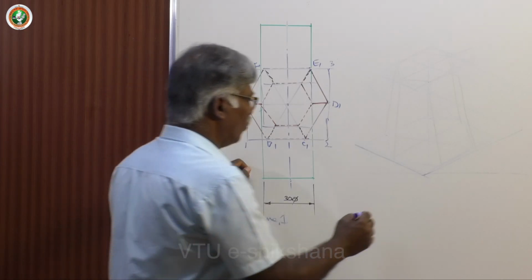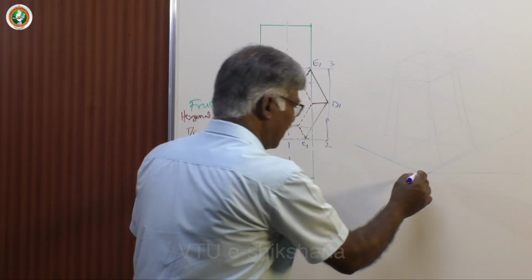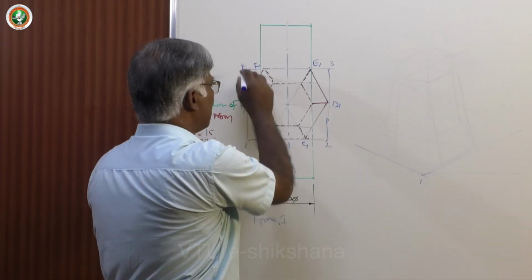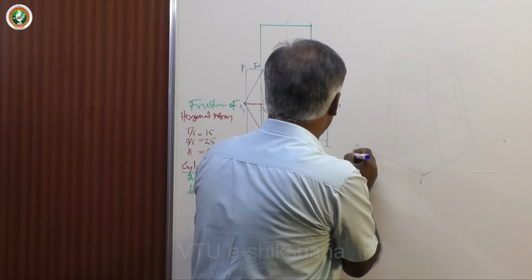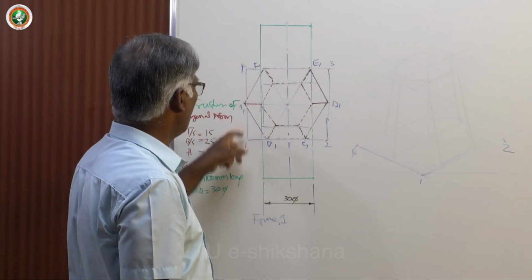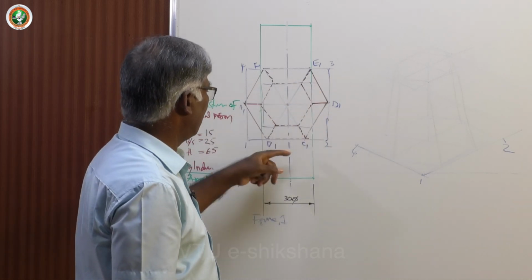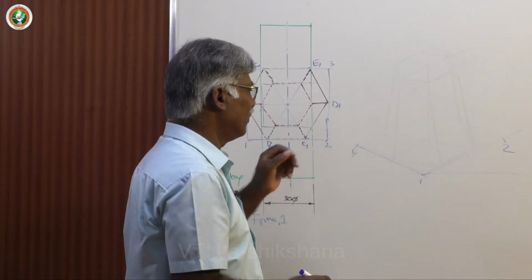I am interested in 1 to be the starting point. 1, 2 is going to house 2 points. 1, 4 is going to house 1 point. Similarly, 2, 3 is 1 point, and just parallel to 1, 2 is 4, 3, that is going to house E and F, 2 points.